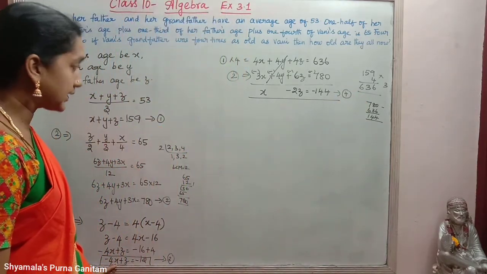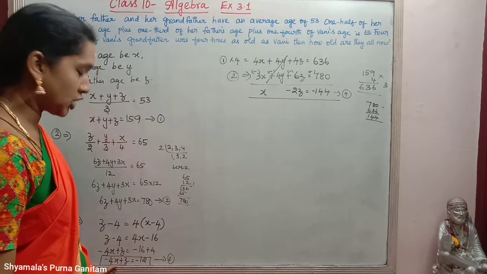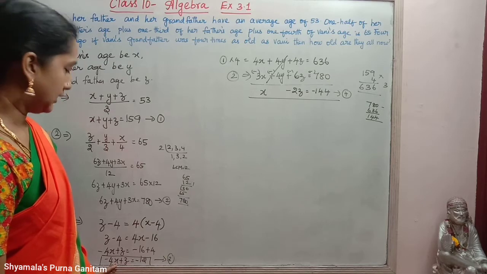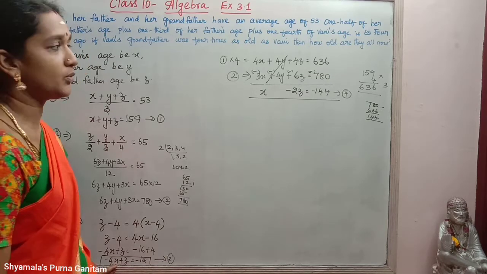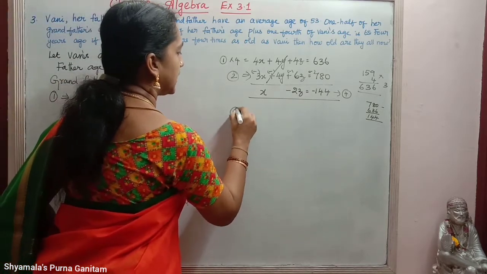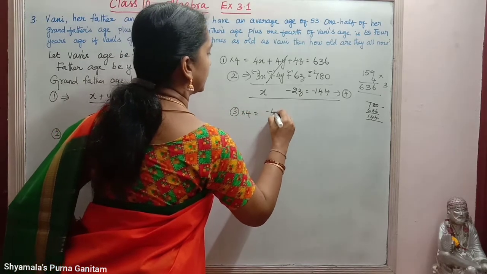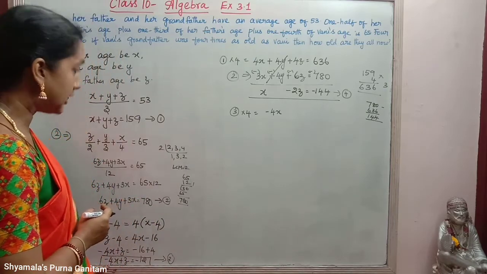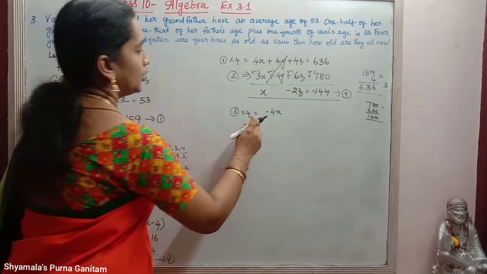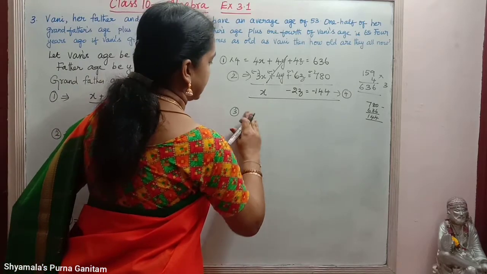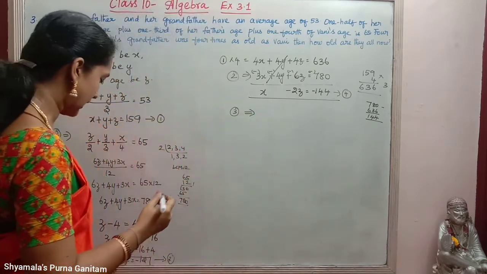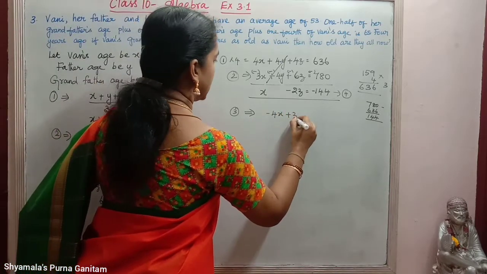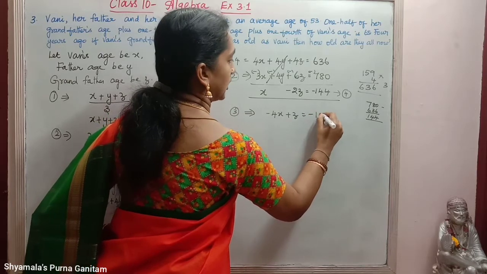Now we will take the third equation and the fourth equation and simplify. The third equation we will write as it is: minus 4x plus z is equal to minus 12.